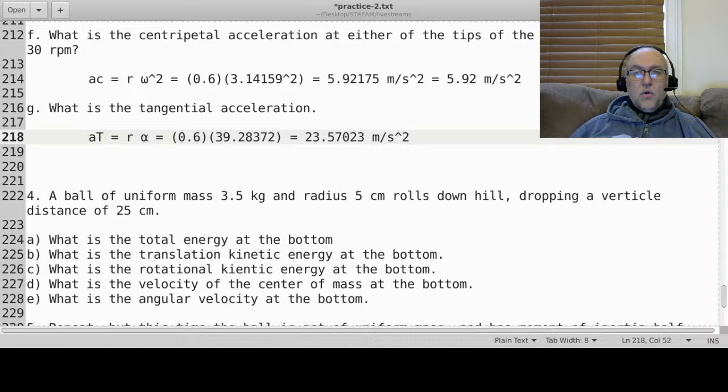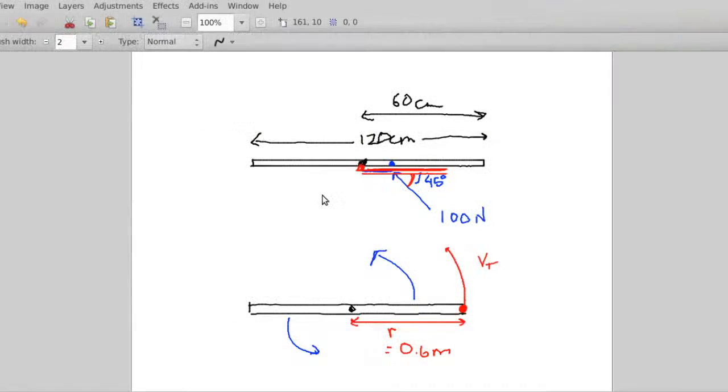So there's the two accelerations, the centripetal and the tangential. And notice the two formulas: centripetal is R omega squared, tangential is R alpha. Now you go, well, what are these two accelerations? How should I picture them? Go back to the diagram here.